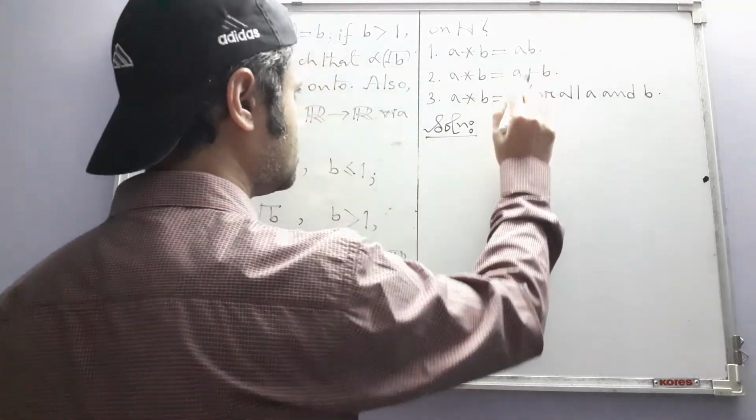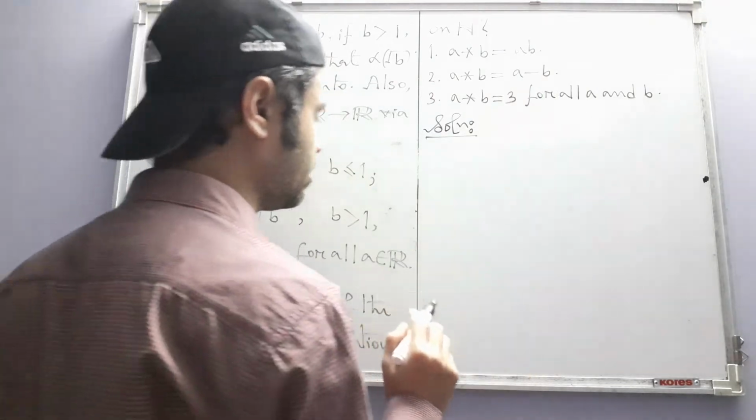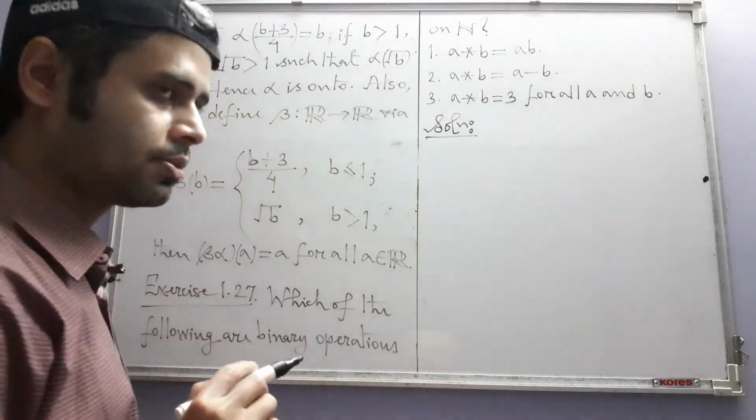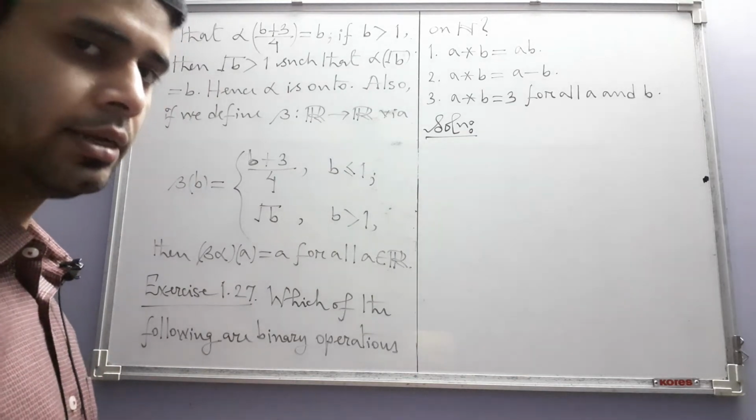So the first one is product of two natural numbers. We know that when we take the product of two natural numbers, that is again a natural number.